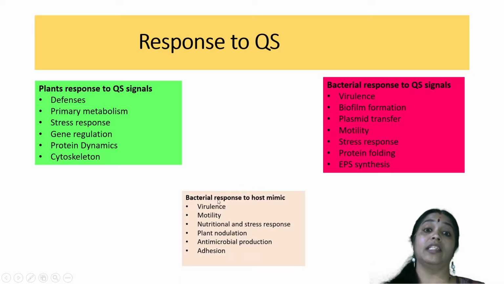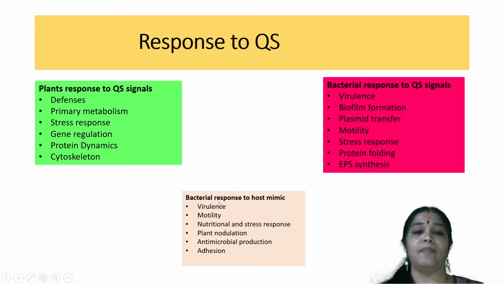Now, bacterial response to host mimic, whichever host they are infecting, the mimic is almost the same as that of the autoinducer. What are the bacterial responses? Virulence, motility, nutritional and stress response, plant nodulation, antimicrobial production, and adhesion.